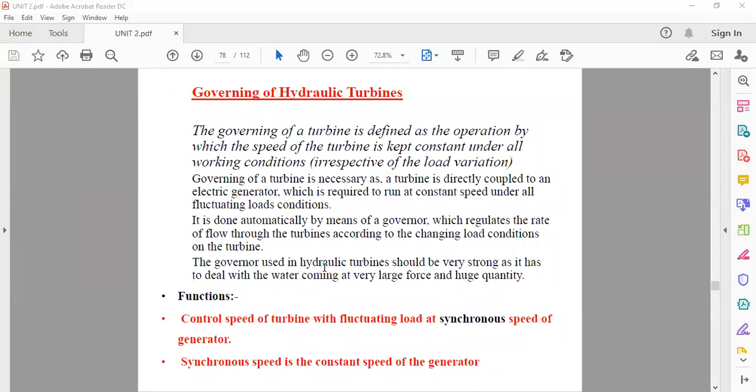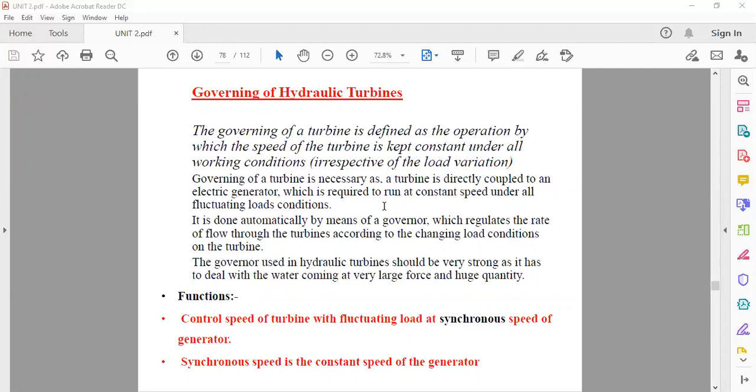See here, governing of turbine is necessary as a turbine is directly coupled to an electric generator, which is required to run at constant speed under all fluctuating load conditions.